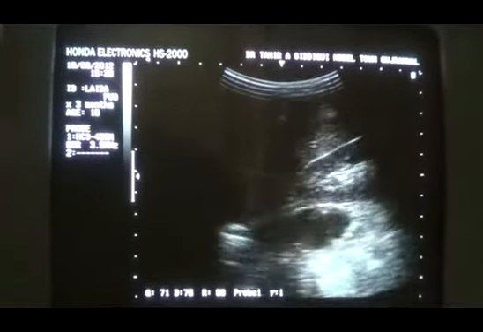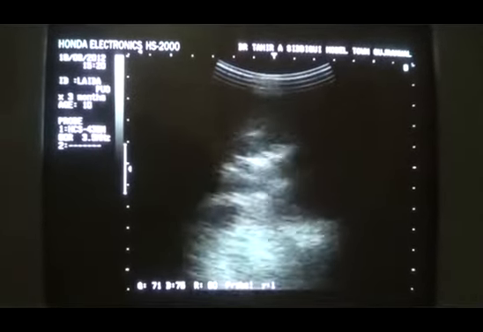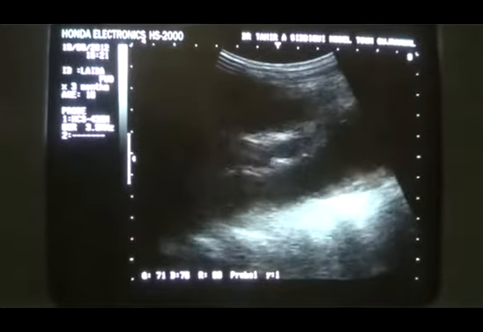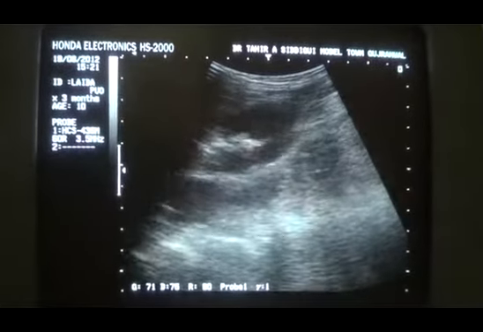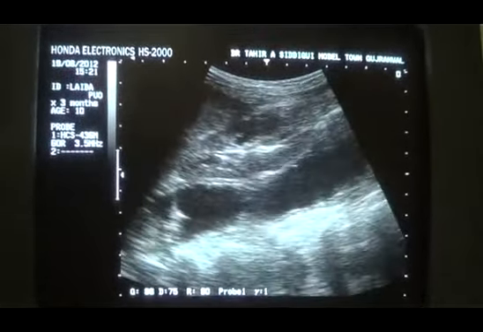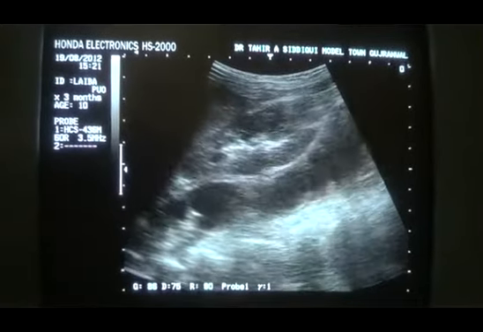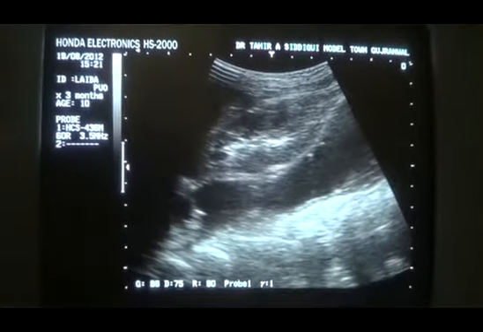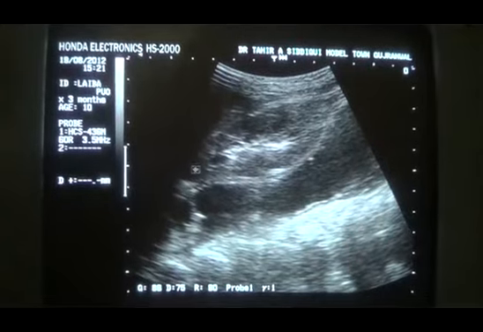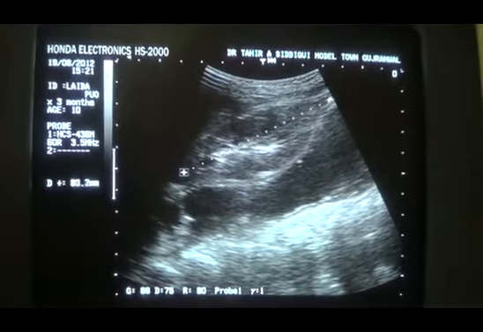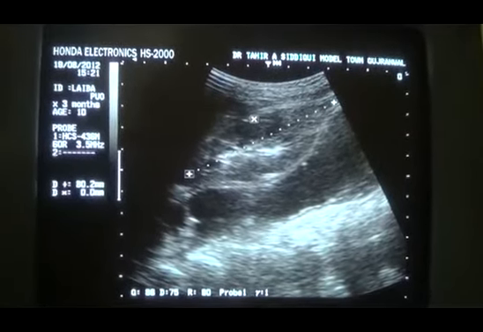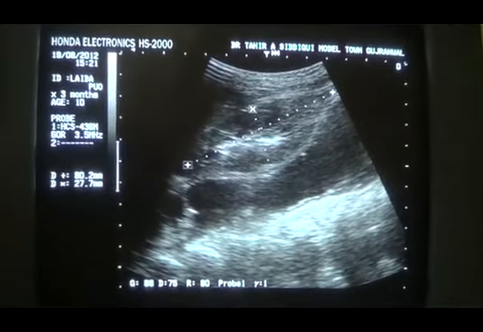Here we see the kidney now. This is the left kidney, which is normal.